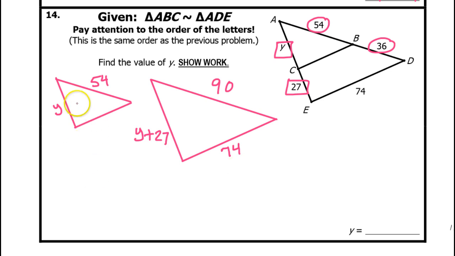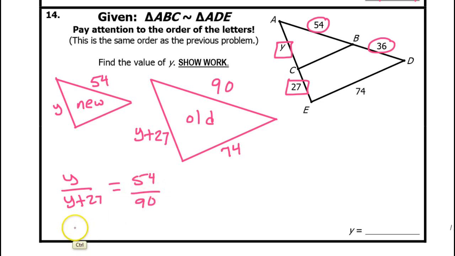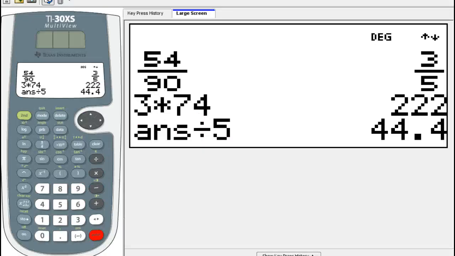So when I make my equation, and I am going to go new over old equals new over old, I will do y over y plus 27 is equal to 54 over 90. Okay, so y over y plus 27 equals, and didn't we already do this? Yeah, 54 over 90 is 3/5.